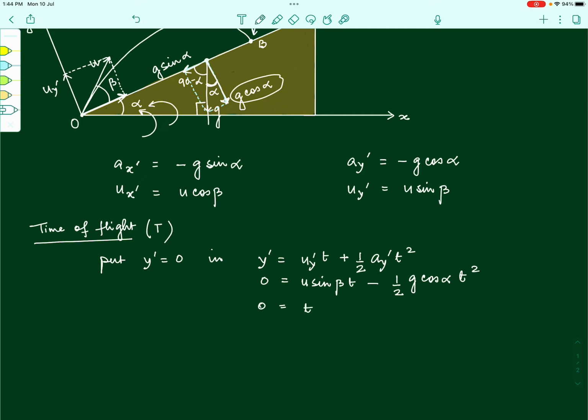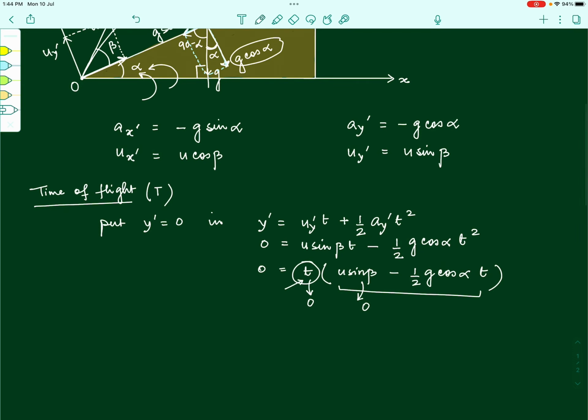We can take t common to get t times u sin beta minus half g cos alpha t. The product of these two terms is 0, that means either this t should be 0 or this particular term should be 0. We understand that t equal to 0 corresponds to the initial point of projection, right? So what we are looking for, the time of flight, we will get by putting this particular term equal to 0.